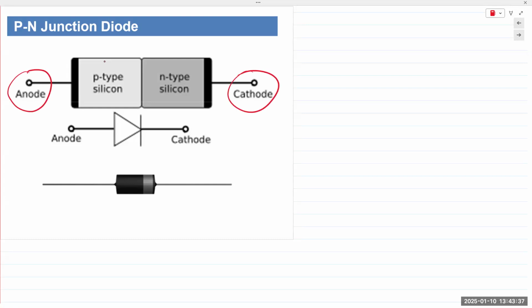The symbol is a triangle or an arrowhead with a vertical line. The line indicates the cathode, and the tail end of the arrow is the anode. Anode is treated as positive, cathode as negative. They are noted by the letters A and K.